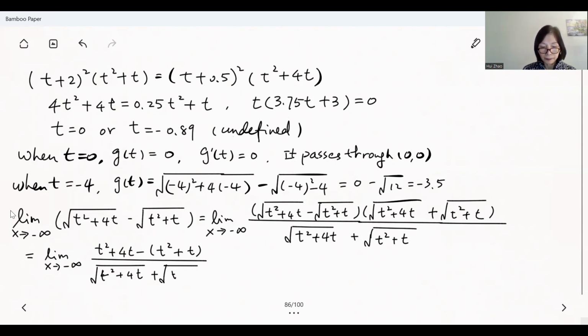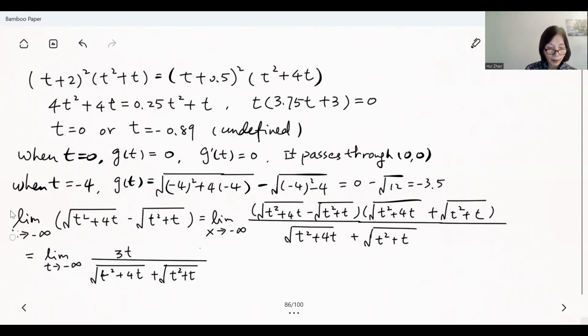Okay, and for the numerator simplify, we can get 4t minus t is 3t, right? Okay, write down again, it is 3t. And here the t is negative, right?